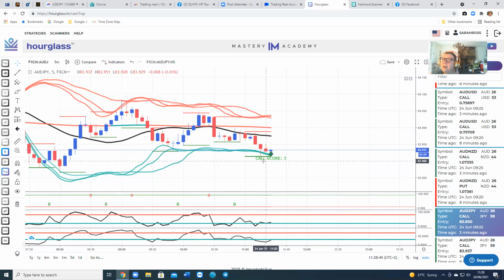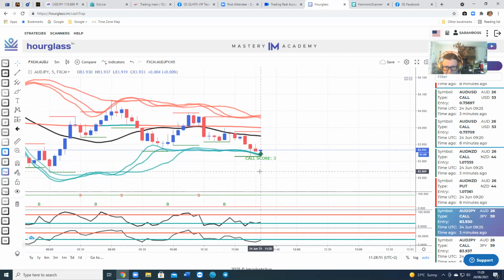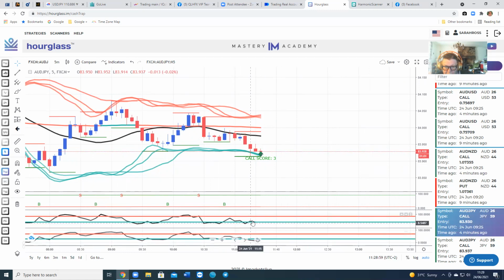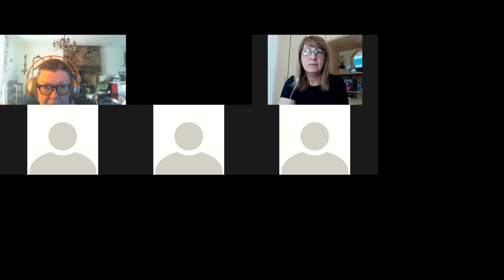I was watching Ness explain this the other night when you get the wick through the Bollinger Band. So you can see it's pressing on downwards. So we want to take puts on this, but we've got to realize that because it's moving downwards, we're probably not going to get it back up on that red line. Let me just look on the chat.